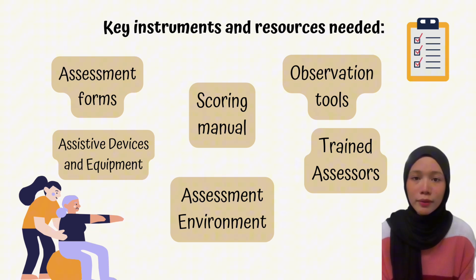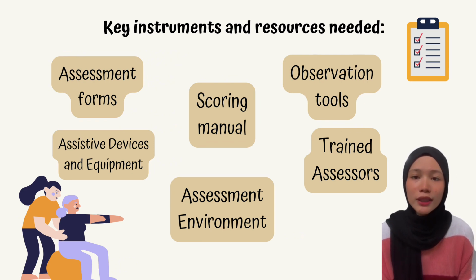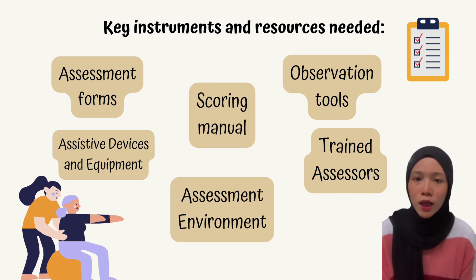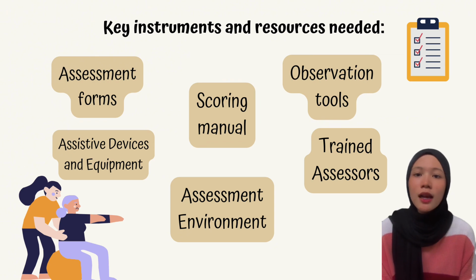Second is the scoring manual, a detailed manual that provides instruction on how to score each item accurately. This includes definitions, examples, and specific criteria for each level of independence. Thirdly is the observation tools, a checklist to ensure that all relevant activities of daily living are observed and evaluated.